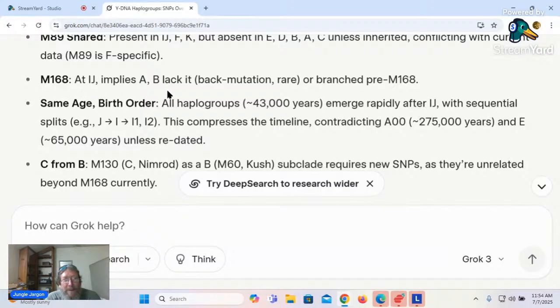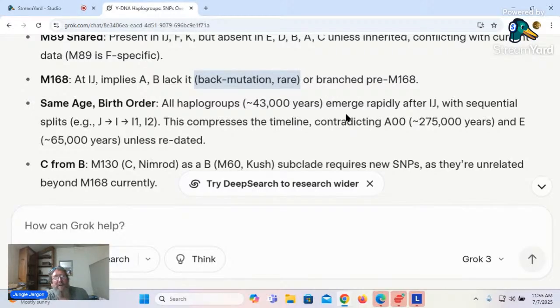M168 at IJ, AB. Lack it. Right. Back mutation rare or branch pre-M168. Back mutation rare. That's not when you have a large genetic distance.